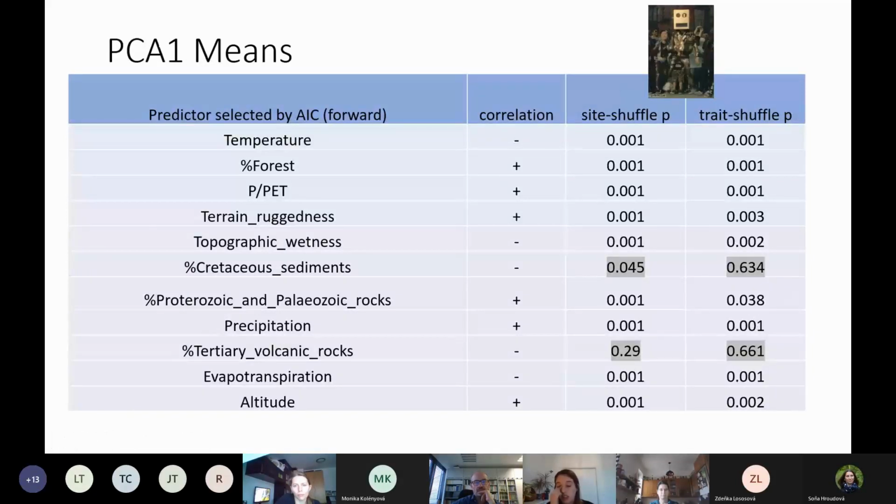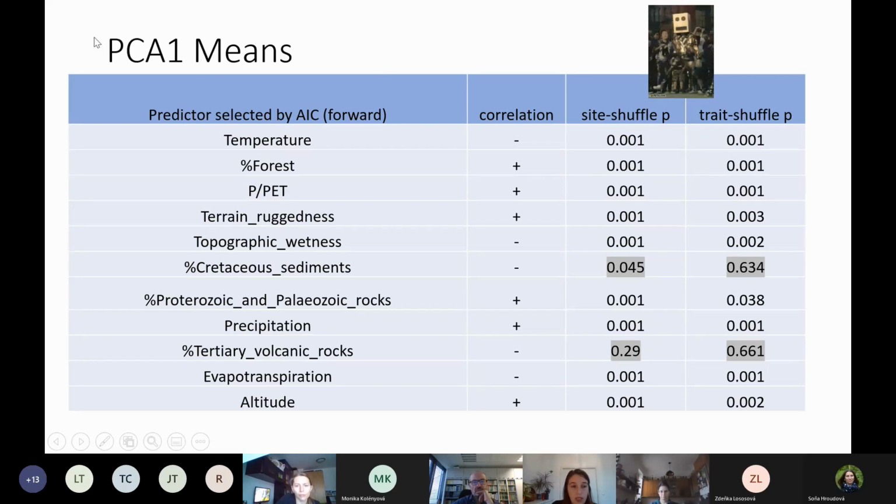So this is an interesting result that we have. Here I tested separately each one of the predictors for each one of the response variables. And we can see that some of the relationships done the normal way, the way we usually do, were significant, but if we do the trait shuffle, it shows that they are actually not.